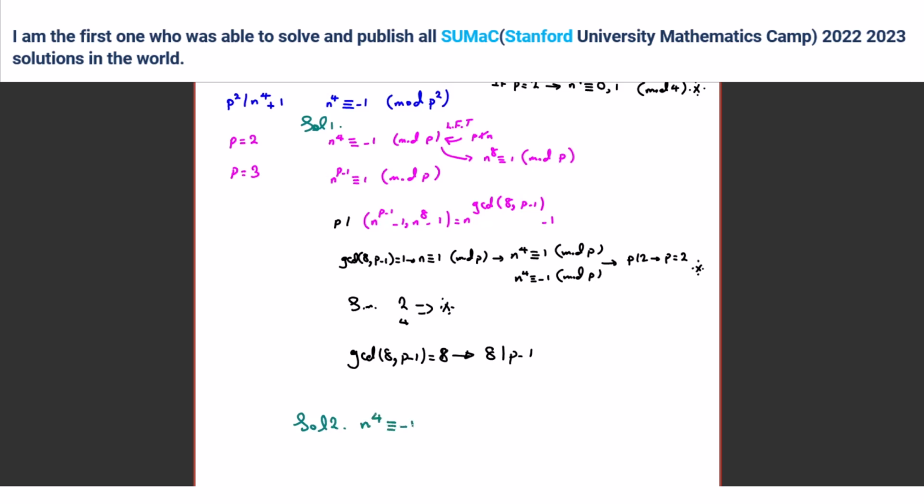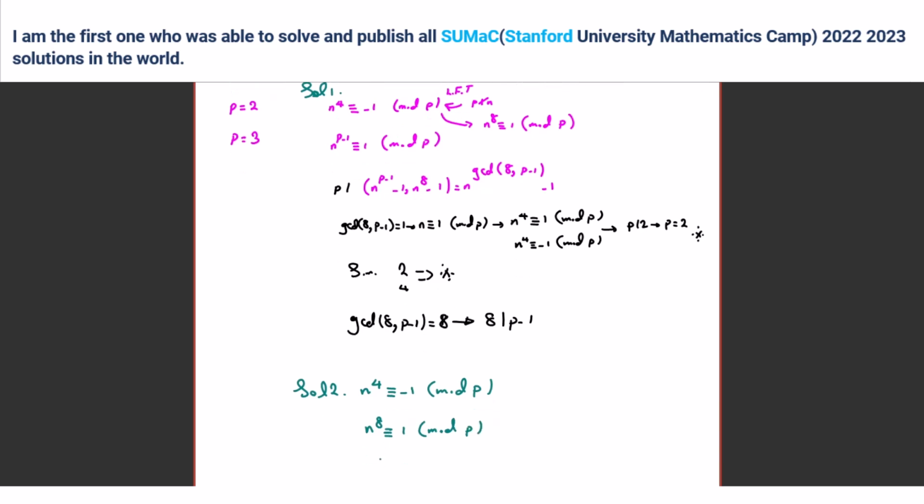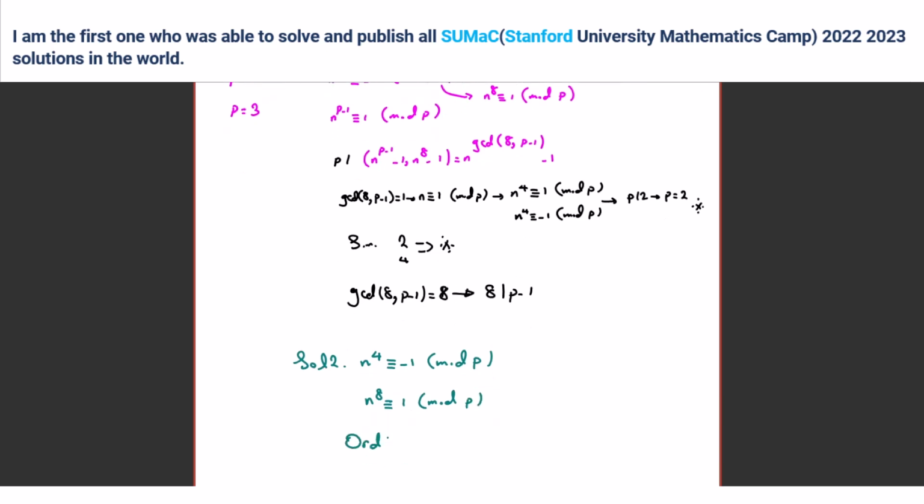As you said, n to the fourth is negative 1 mod p, and we know n to the 8th is 1 mod p, right? So let's consider the order of n mod p to be, for example, W.